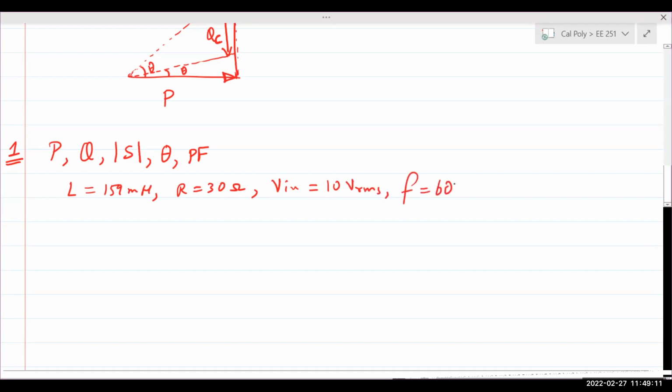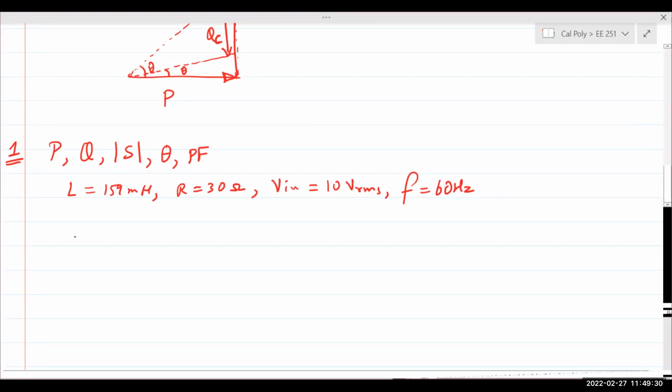Frequency F is 60 hertz. The equations that we have will allow us to solve this problem. The first thing we want to do is find the total impedance in the circuit.